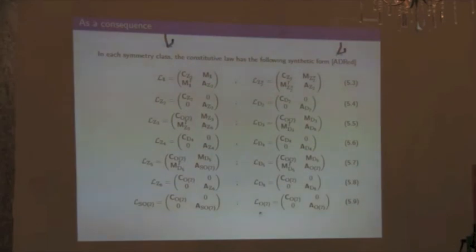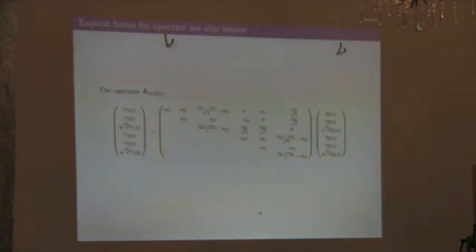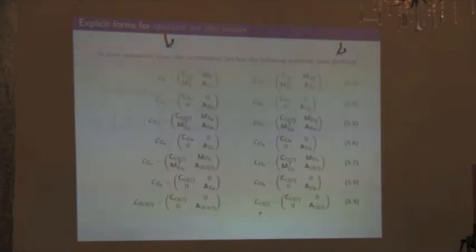Here are the 14 different cases of strain gradient elasticity symmetries you can obtain in 2D, with all the different couplings you may have. And here it's a kind of generic shape, but in each case we have the explicit representation of the elements involved in any one of these cases.